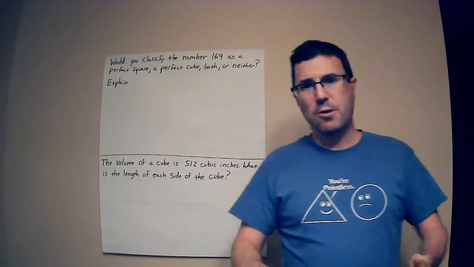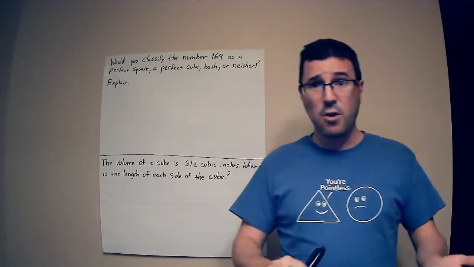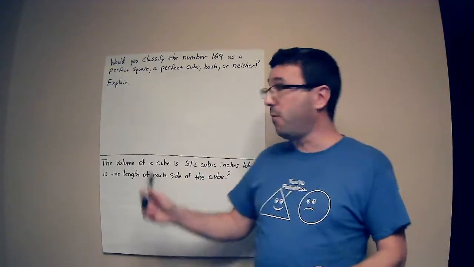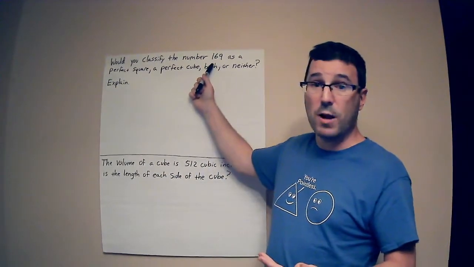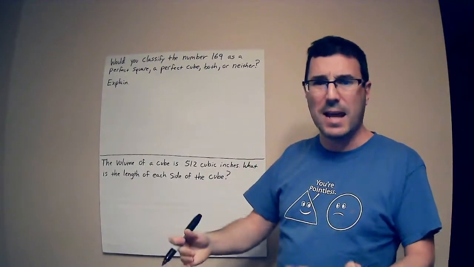So the first thing I would do is try to determine whether it's a perfect square. Now I know my perfect squares up to 16, so going through it, I know first off this number is greater than 100, so my number has to be bigger than 10.